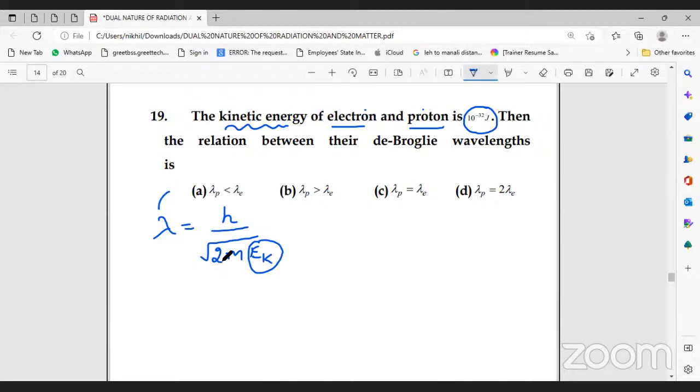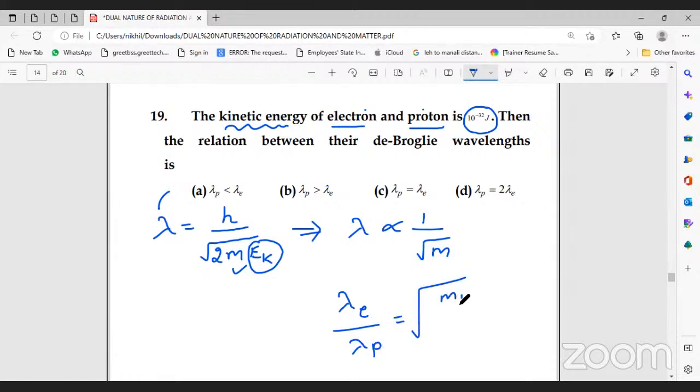How de Broglie wavelength and mass are related? De Broglie wavelength is inversely proportional to root mass. So wavelength of electron to that of proton is root of mp divided by me.